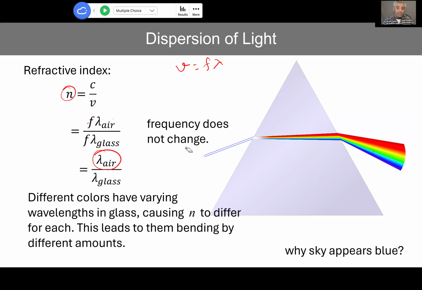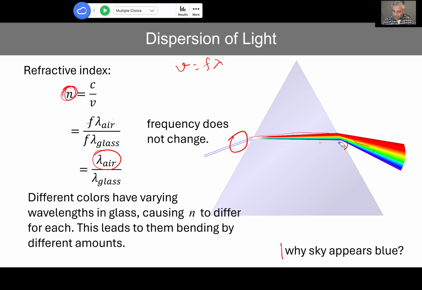So different light color means different wavelength. Since each of the colors has a different wavelength and white light contains all 7 colors, what happens? When it passes through, the refractive index being different for different color, they bend by a slightly different angle. So that means they are spreading themselves. We call that dispersion.